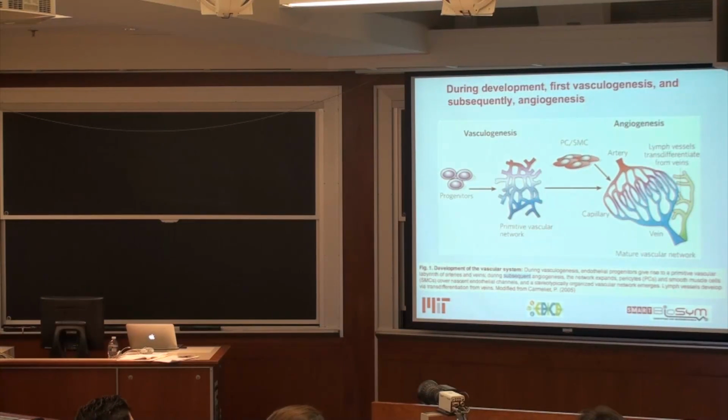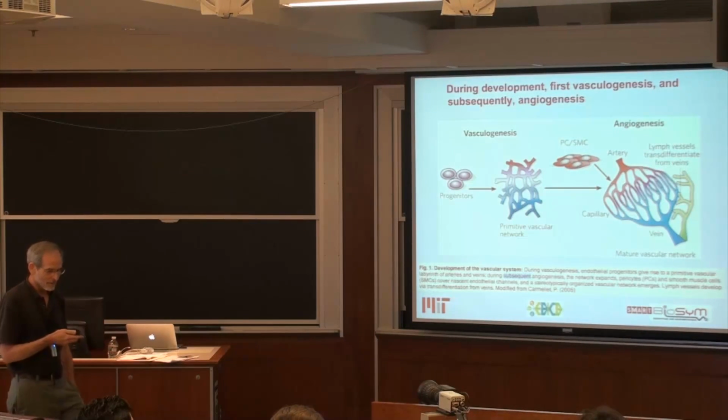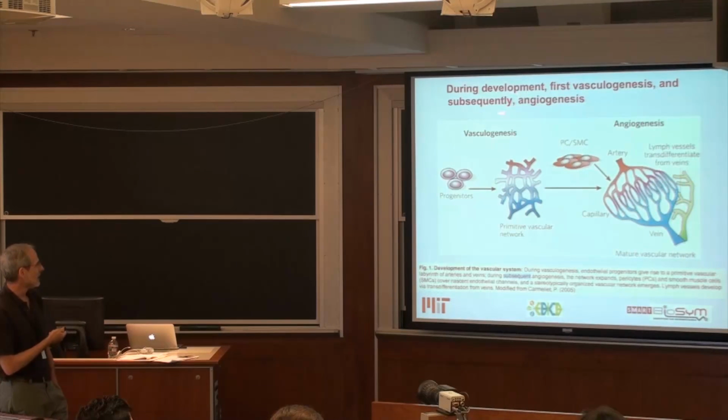And I mentioned that one of the things that we're very interested in is how do vascular networks develop. I just wanted to define some terminology initially. Typically in the embryo, what you see is what's called vasculogenesis, where you have vascular progenitor cells that differentiate and at the same time develop into a primitive vascular network.